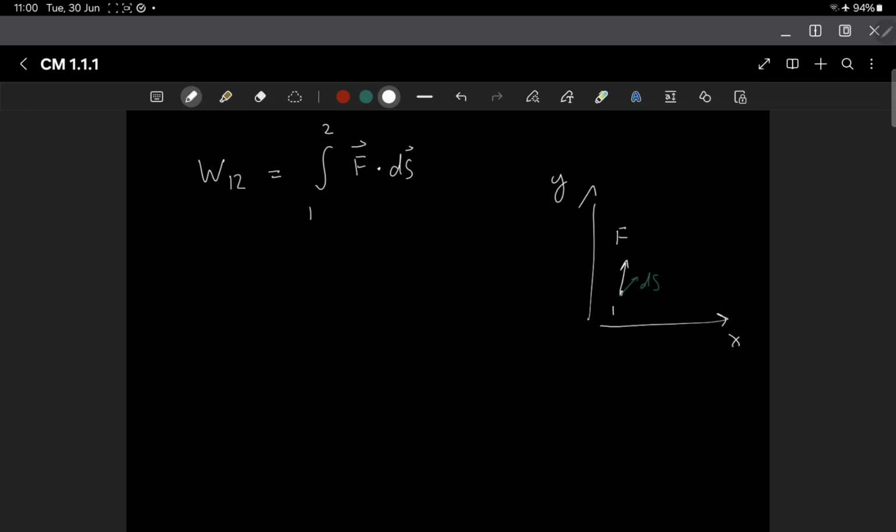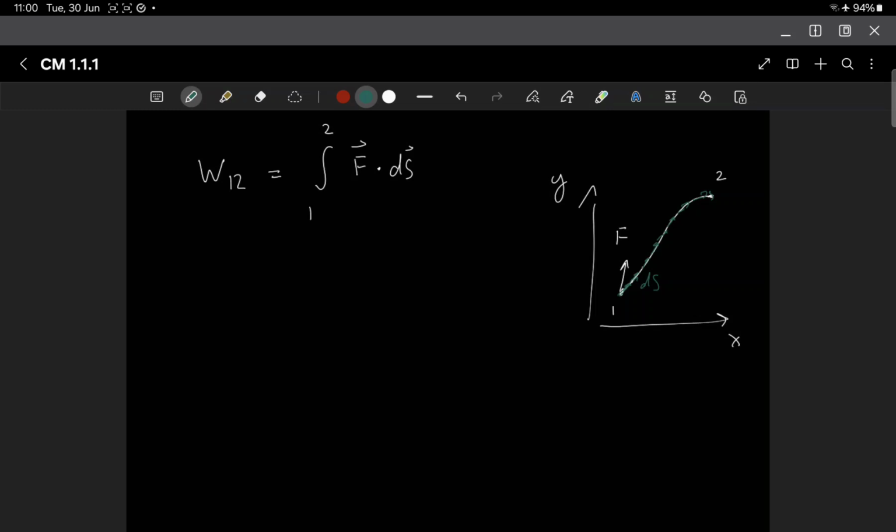If this is the point 1, and this goes along a certain trajectory like this maybe, and this is the point 2, we have to take each of these points, here and here and here, and sum the dot products between the F and the ds to get the total work done.